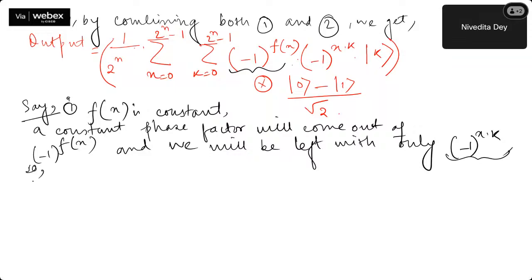So see here, the phase factor will have an equal number of positive as well as negative terms because of minus 1 to the power x dot k. By expanding it, you can easily see that. So it will have an equal number of positive and negative terms. So this will be cancelled out, except for the case where k has the exact value 0.